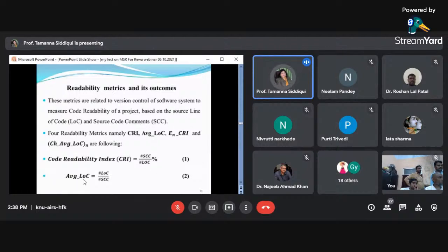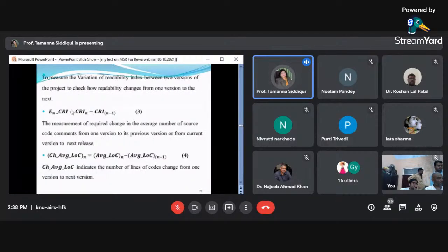The second metric is average LOC, that means how many lines of code, on average, exist between two comments. On that basis, we will be able to identify how readable the code is. The other metrics show version variation, how readable the code is from one version to another. So these are the 4 metrics related to readability.